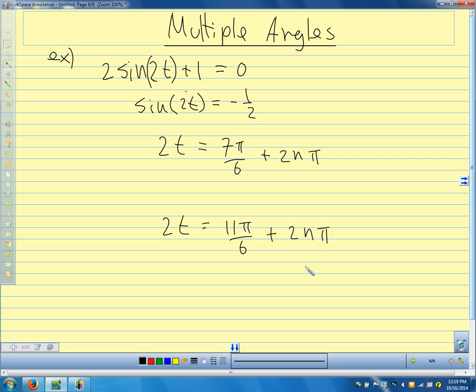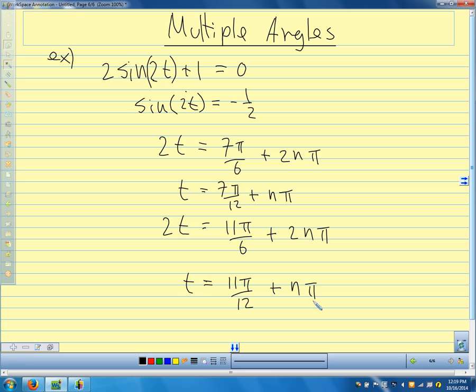plus 2n pi. I want to solve for t, not 2t. I divide everything by 2. T equals 7 pi over 12 plus n pi. And here I get t equals 11 pi over 12 plus n pi. Divide everything by 2 at the very end.